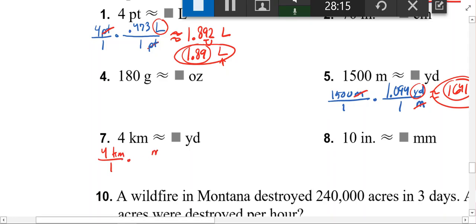I'm going to change that into miles. And 1 kilometer is equal to 0.621. Did I remember it right? I'm pretty sure I did. Okay, and then we want to change our miles into yards.